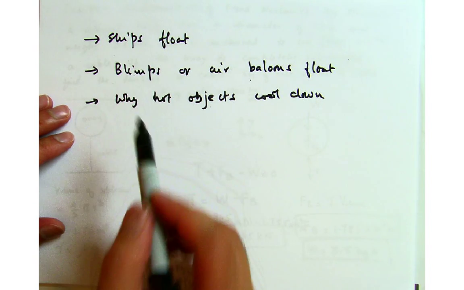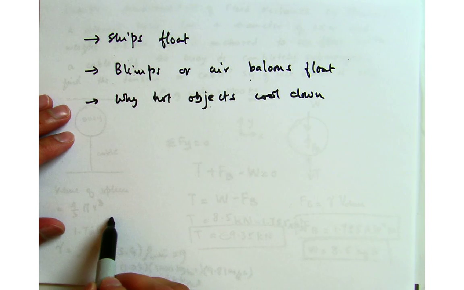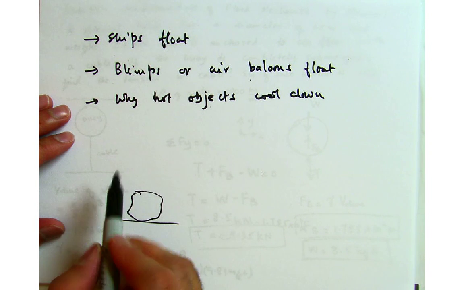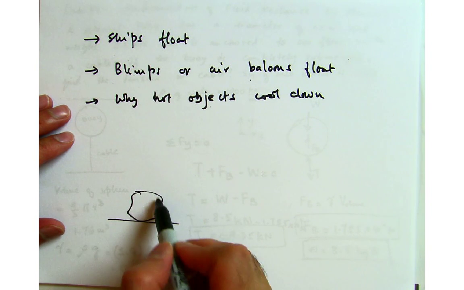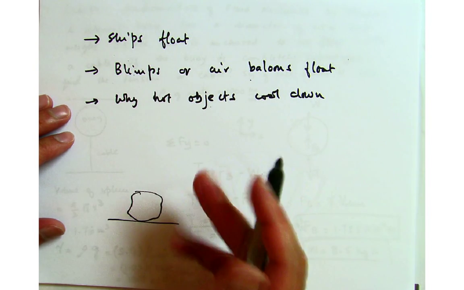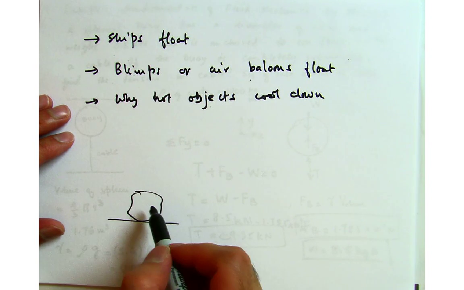I did talk about the ship, but what happens with a hot object? Let's suppose this is a hot object sitting over here. Of course there will be radiation, electromagnetic waves leaving and cooling this object down.